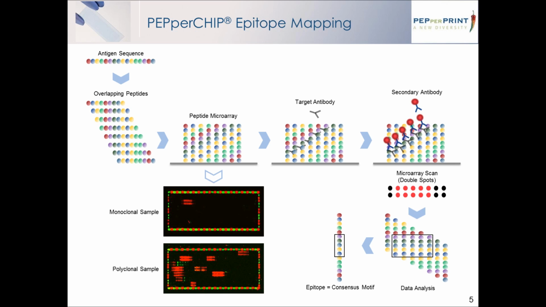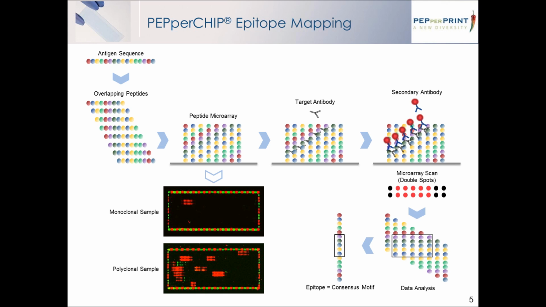The array is subsequently stained with a target antibody that binds to its specific epitope and a secondary antibody with a fluorescent label. An image of the array is taken, which you can see here, and this is done, of course, with a microarray scanner.